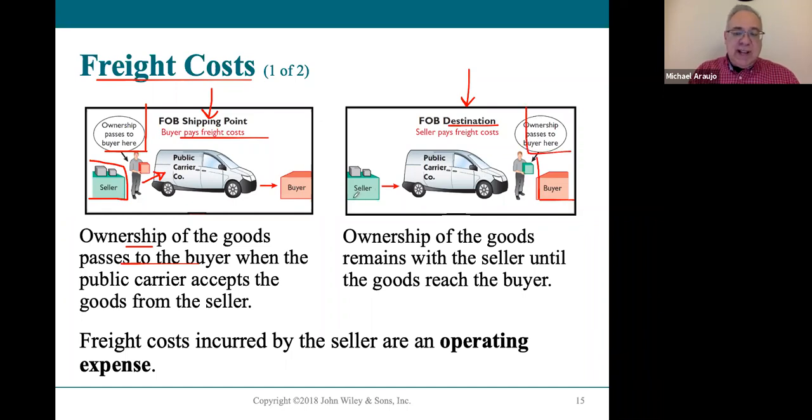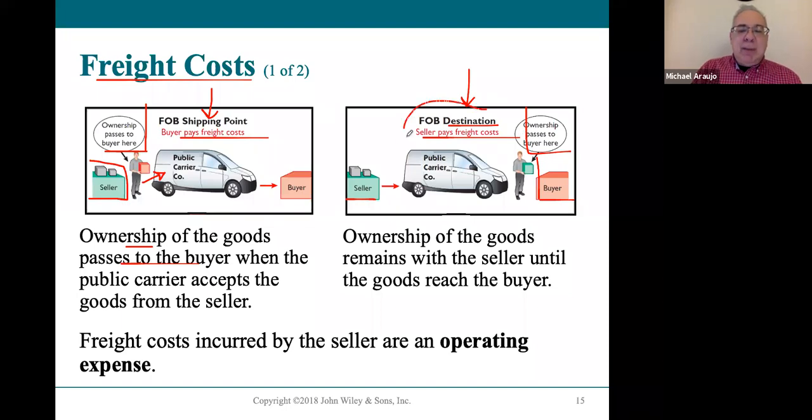Which means that the seller, even though they don't have the merchandise because they put it in a box and put it on a truck, guess what? They still own it until it gets to that destination. And so the seller, because they own it, is going to want to make sure their inventory is protected. It's an asset. So they're going to pay for the freight and insurance and make sure it's all set.